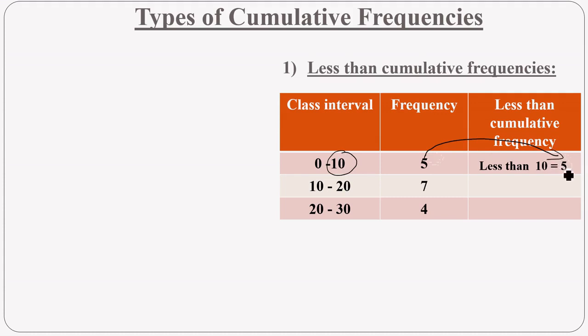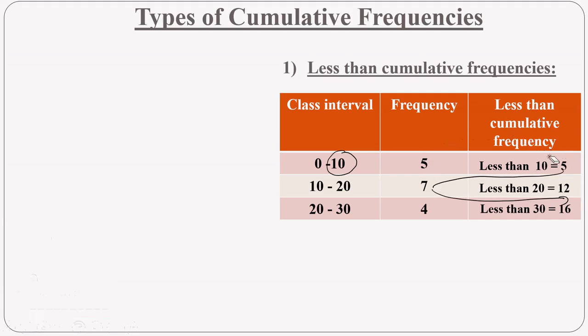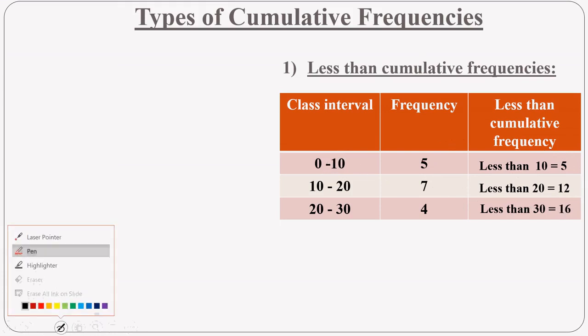Then we need to add 5 plus 7, and write less than 20, 12. You got the point? So 5 plus 7 will be 12 here. Same way, 12 plus 4, that is less than 30, 16. So this is how we understand the less than method of cumulative frequency calculation. I hope this method is clear to understand.